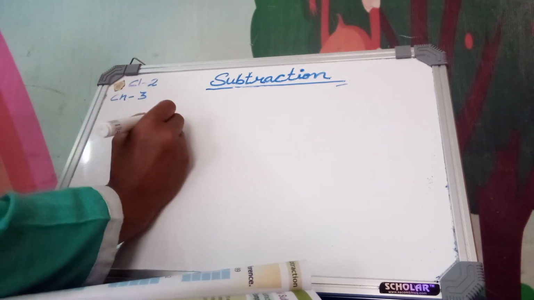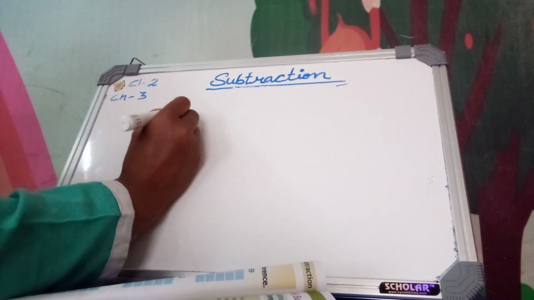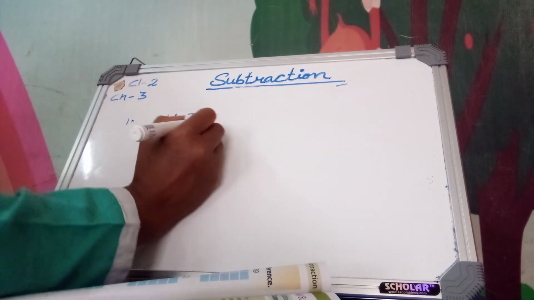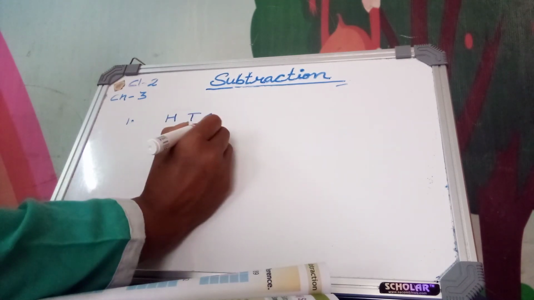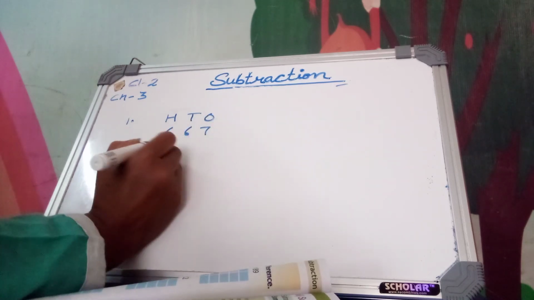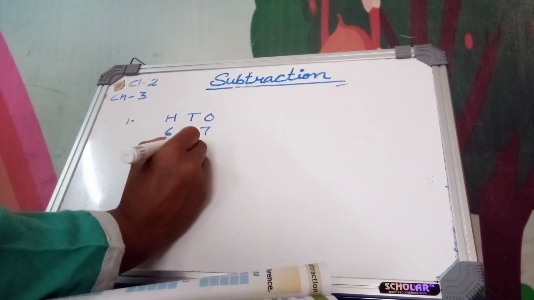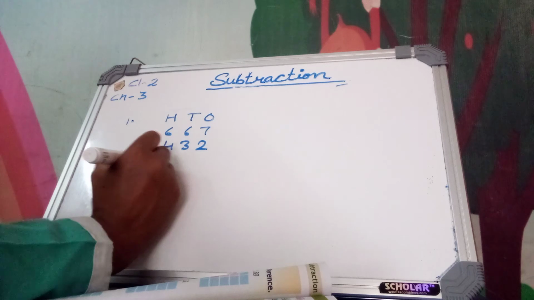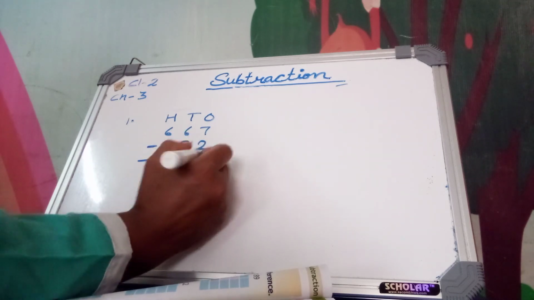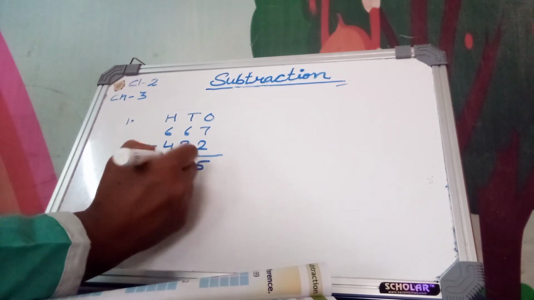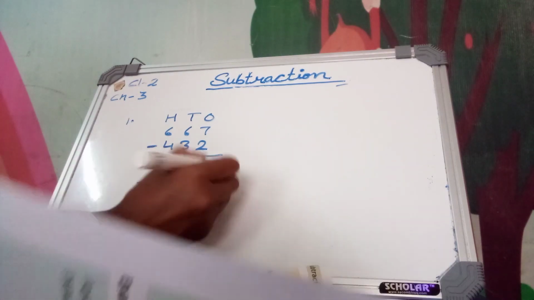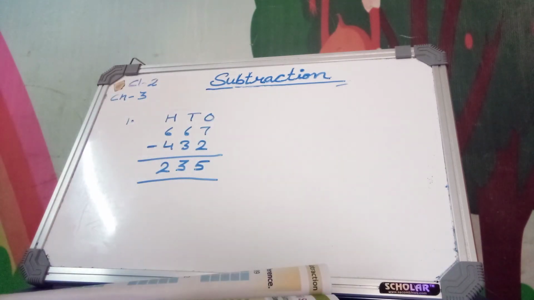Write down question number 1. 667. From 667 we have to subtract 432. 7 minus 2, 5. 6 minus 3, 3. 6 minus 4, 2. The answer will be 435. Our answer is 435.